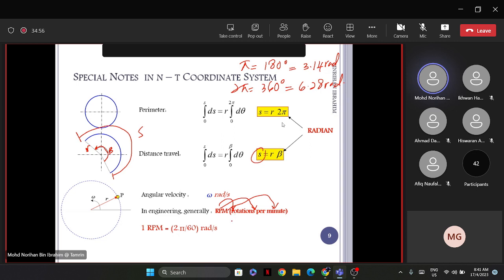If you want to change into radian per second, we need to use this formula. 1 RPM is equal to 2 pi divided by 60 in radian per second. You can write it in capital or small letters for rotations per minute, no problem.